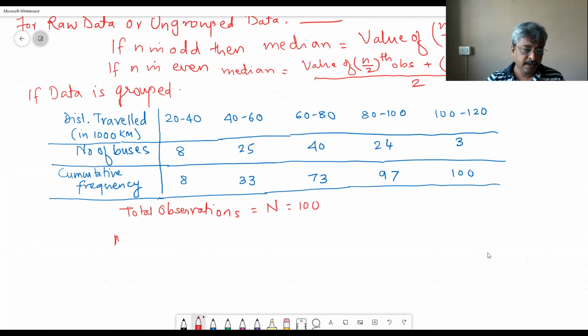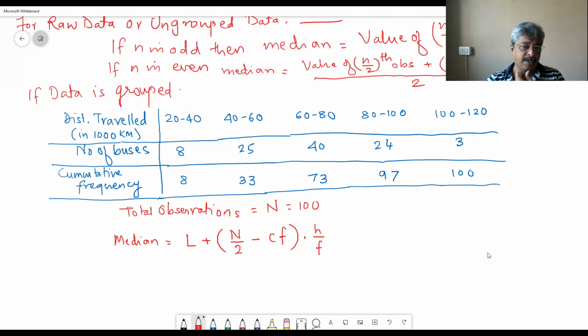So median is equal to L plus N by 2 minus CF into H upon F. Once we understand this, it is a very simple formula.